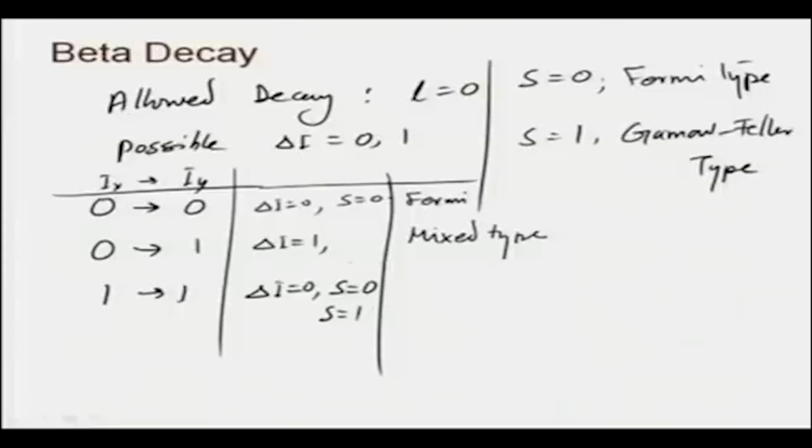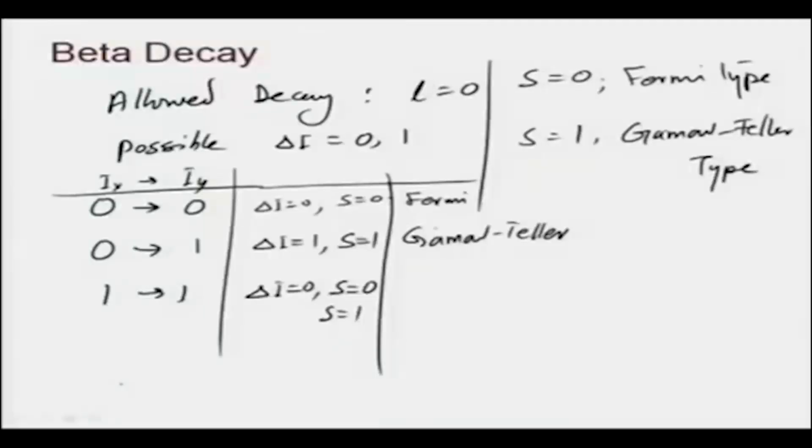This is possible only if S is equal to 1, and therefore, this is a pure Gamow-Teller type, and in the last case I x equal to 1 to I y equal to 1. This is delta I equal to 0, but S is equal to 0 or S is equal to 1, both are possible. So, we have actually both Fermi and Gamow-Teller types, or called the mixed type.